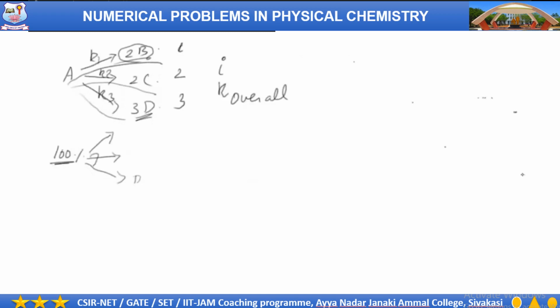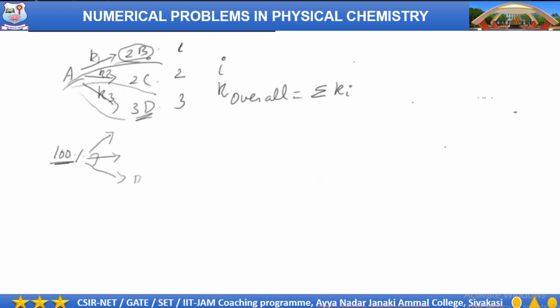How to find out the overall K value? That is the net K value for undergoing decomposition to B, C, and D. That overall is the summation of Ki.